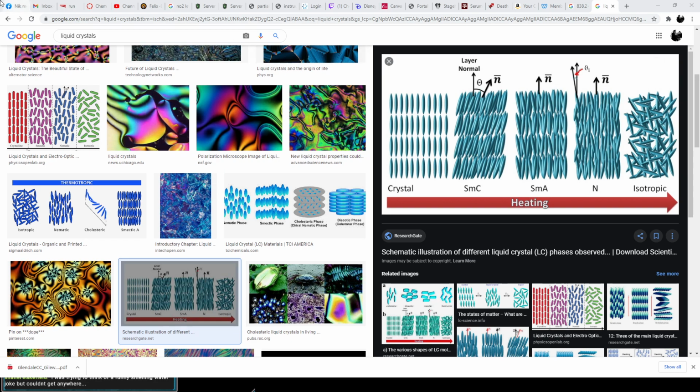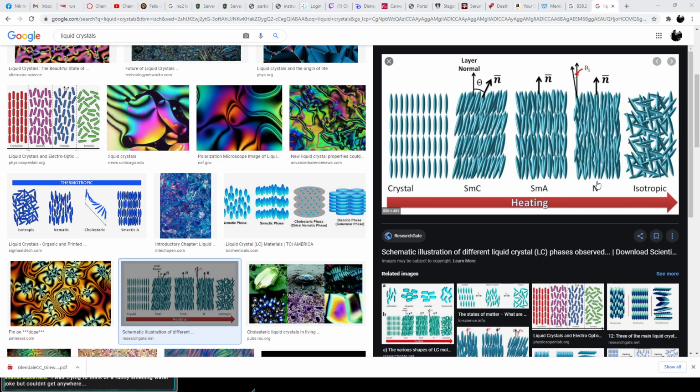You can see that a true crystal is going to have everything nicely aligned, beautifully in these very regular patterns. And you have different types of liquid crystals that are not as organized, but they still have these clusters of molecules together. An isotropic one just has these randomly oriented molecules.